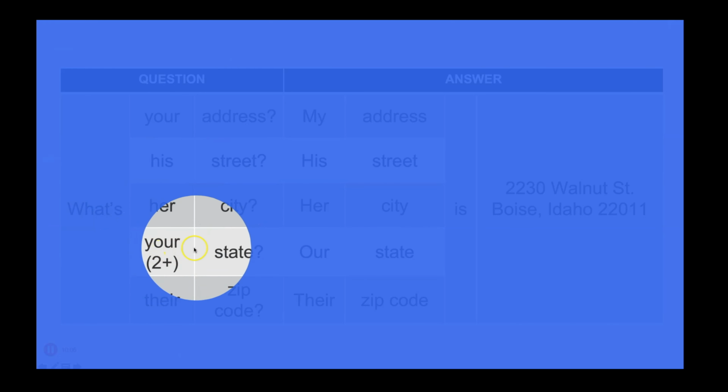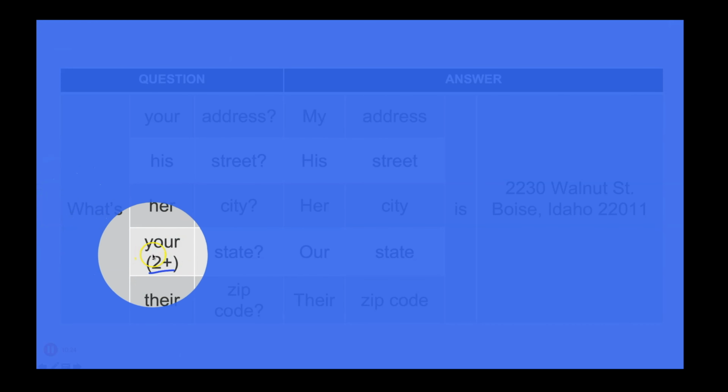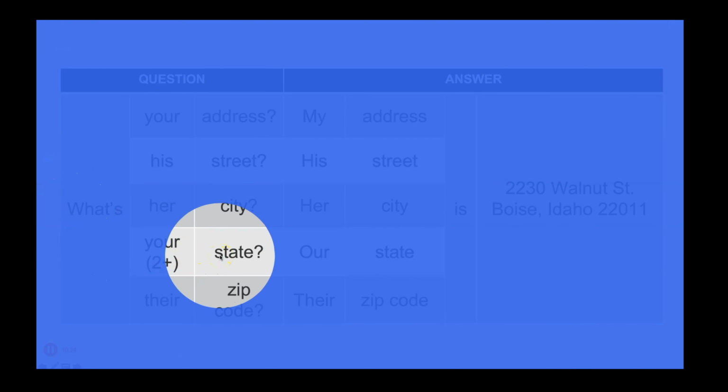What's your state? We know that we have your here and your here, same word, but your here is for one person and your here is for two or more. So, what's your state?